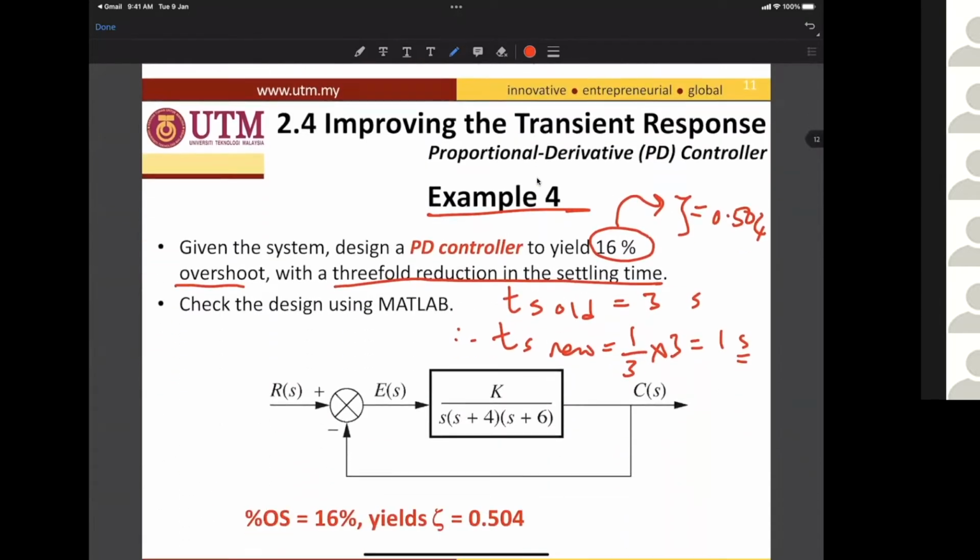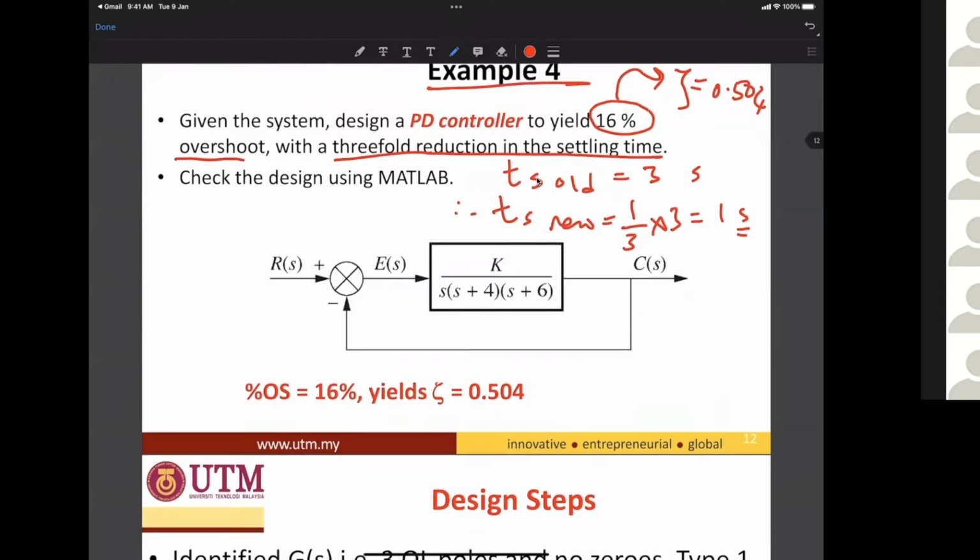And the open loop transfer function is here, so it is a third order system.